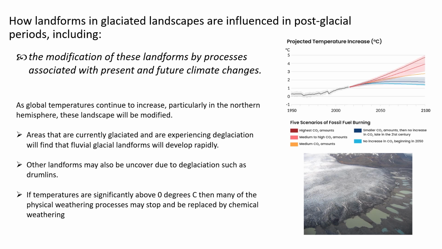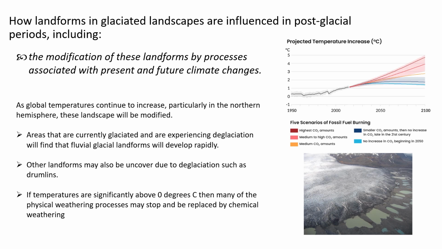Okay, so now we're going to think a little bit about modification. Modification means to change, to develop, to alter some of these areas. And if we think a little bit about our current climate and future climates, some of the landscapes that we have may be modified.